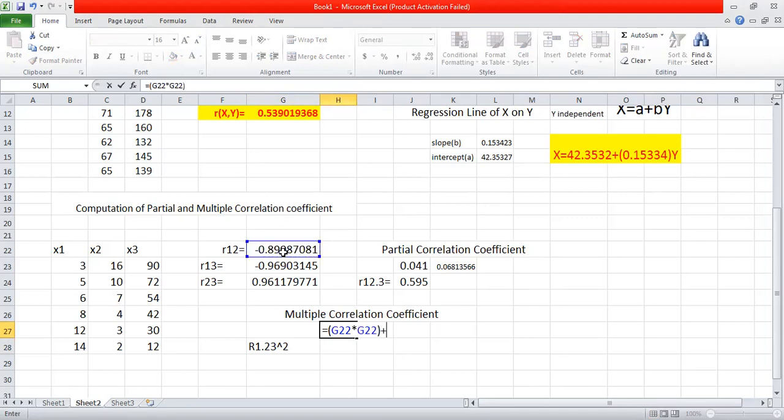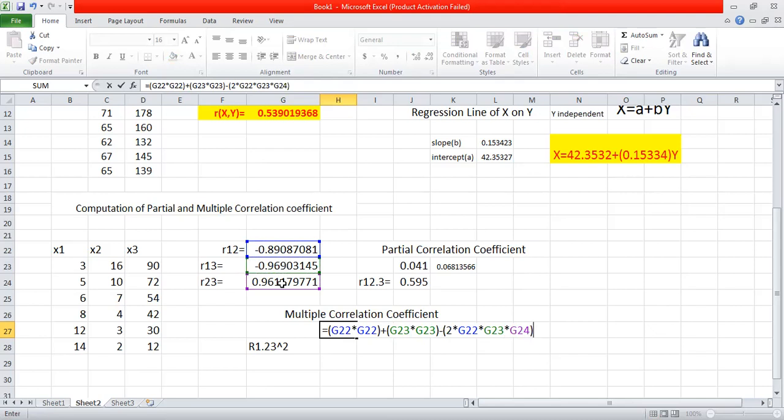Next, plus R13 square. So open the brackets, R13 into R13. The next term is minus 2 into R12 into R13 into R23.